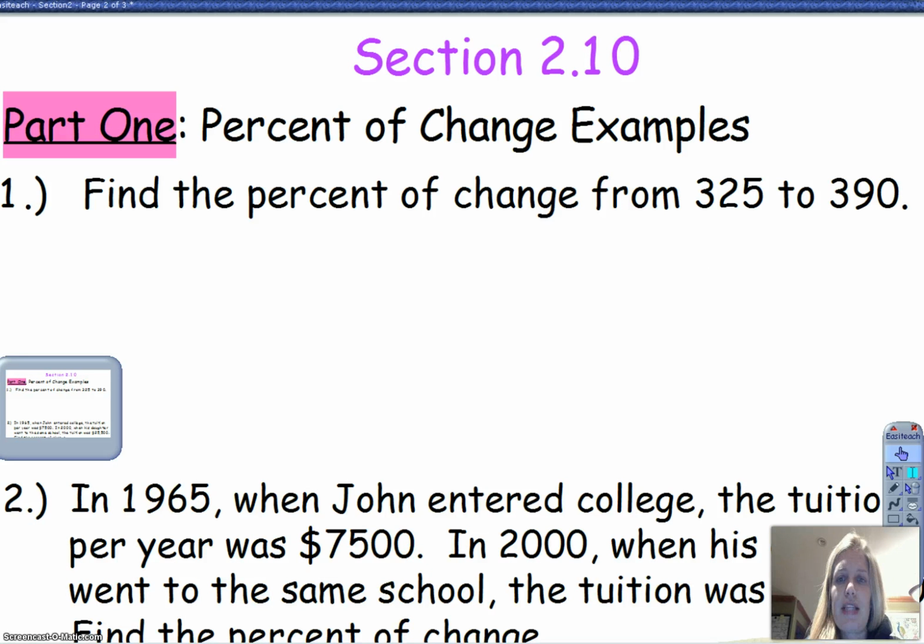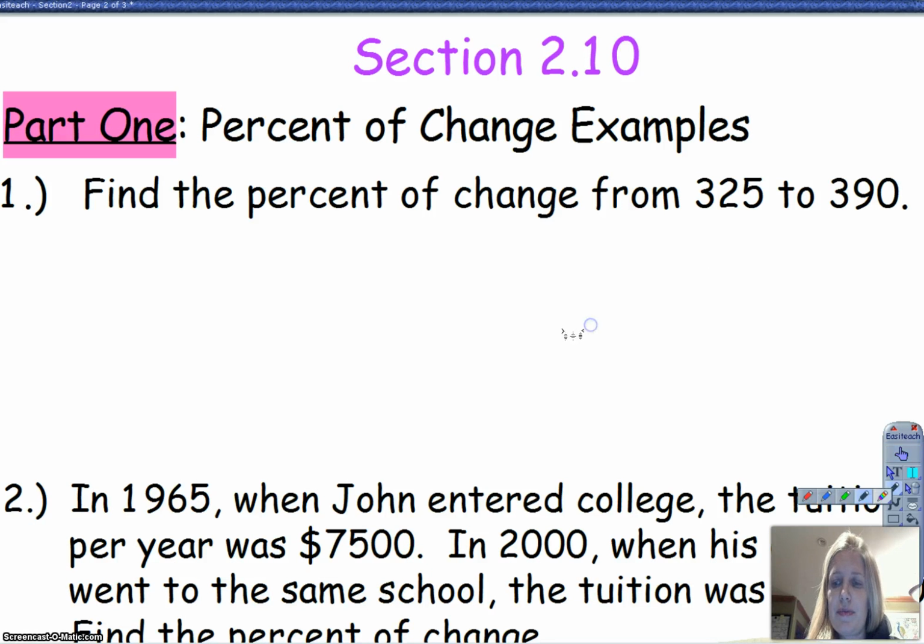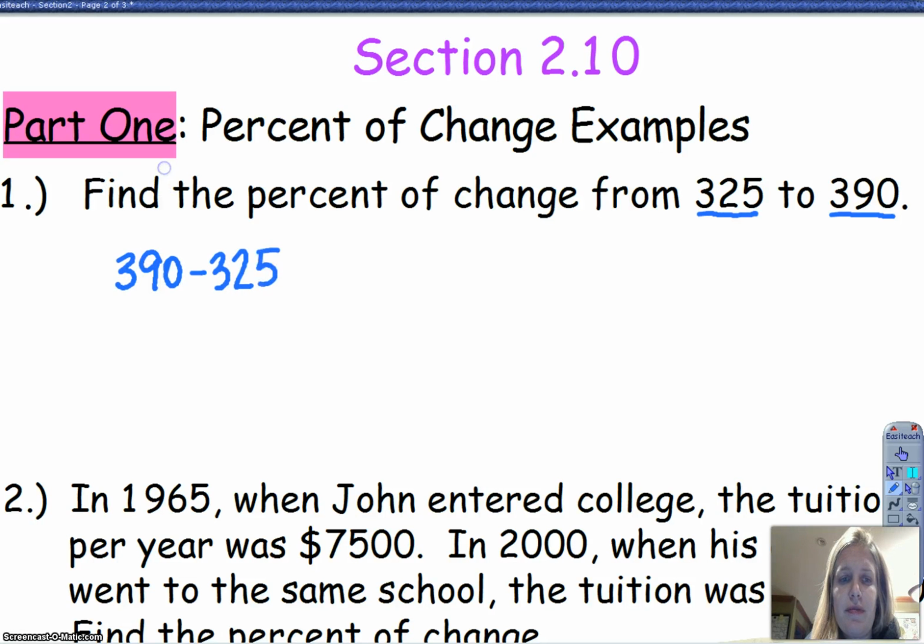Part 1, percent of change examples. Find the percent of change from 325 to 390. So if you refer back to the formula that you just had, we're going to subtract the 2. I always do the biggest minus the smallest. 390 minus 325, all over, and you're always going to put it over the first amount, the original amount, what it started out as.